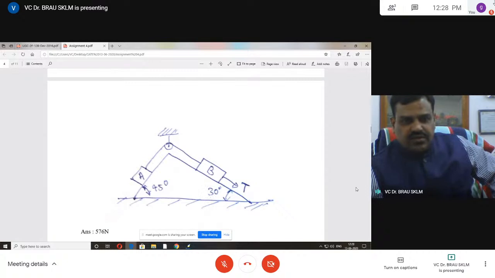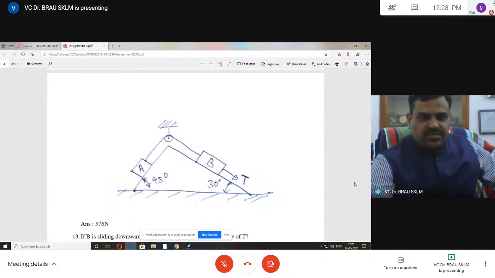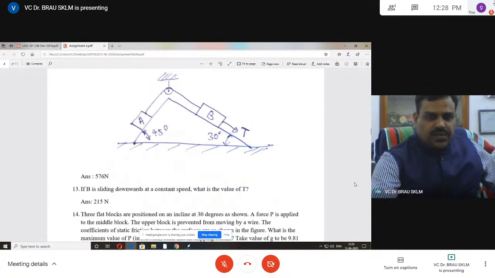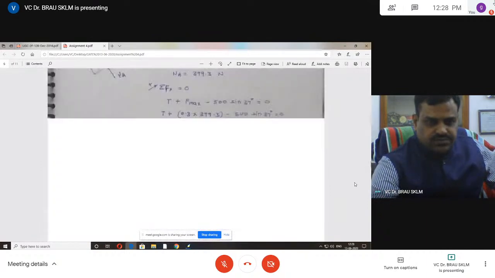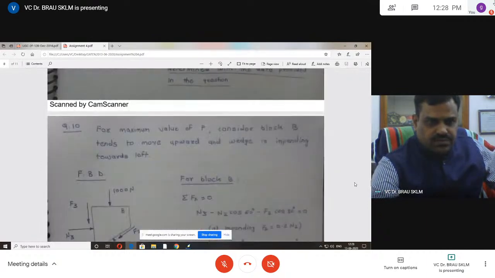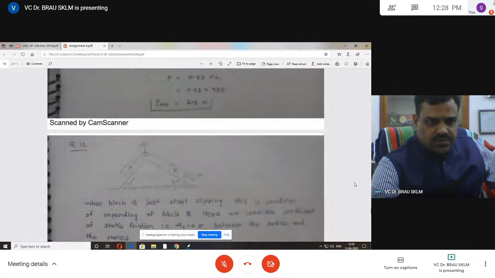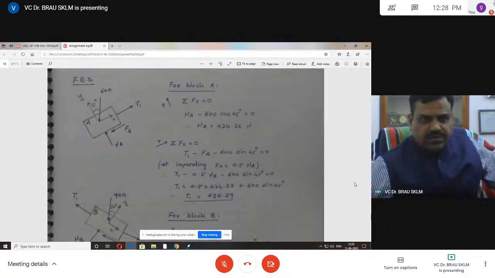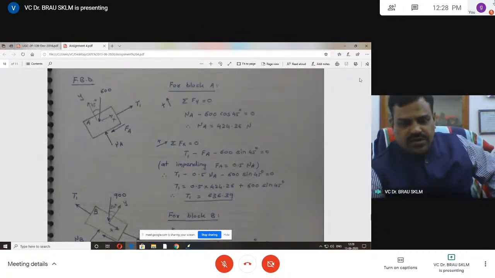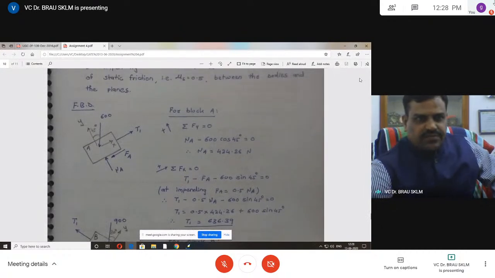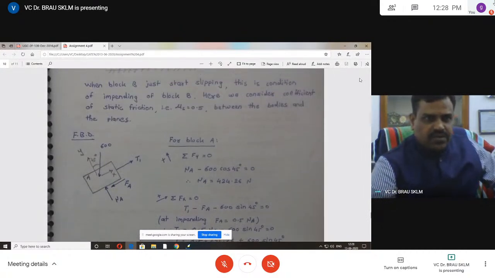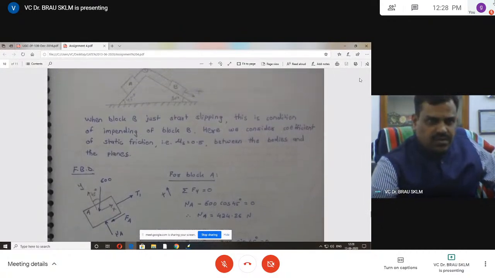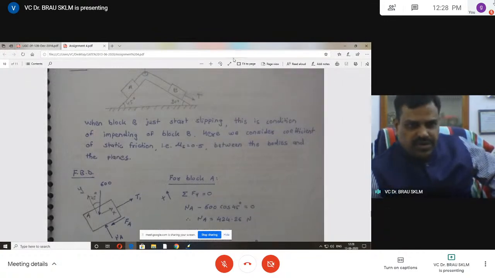Now let us see this problem. For block A, this is a free body diagram. Weight acting downward, 600.